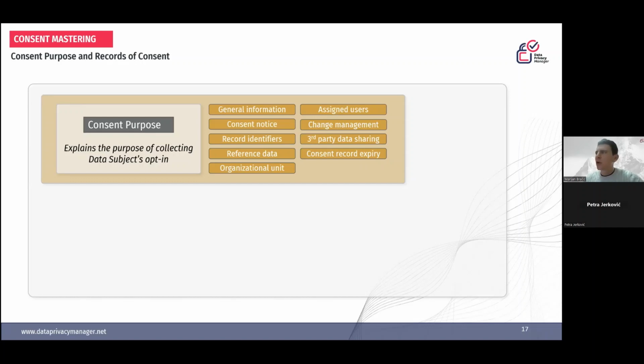Assigning organizational unit, making sure that you control which users have right to access consent purposes and records. Changing versions, changing consent notices, changing language, changing who you share data with, and managing consent. This is all defined and configured on the consent purpose, which is the container for the records of consent.